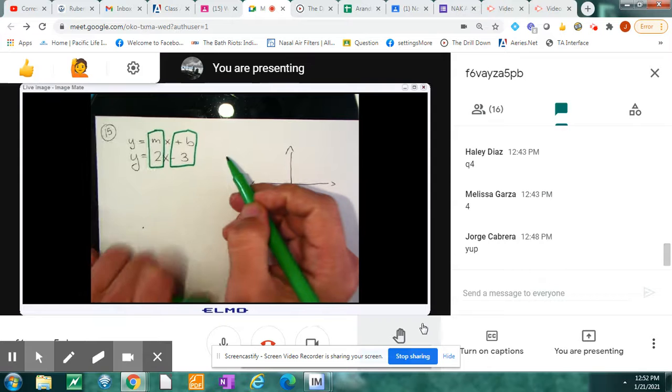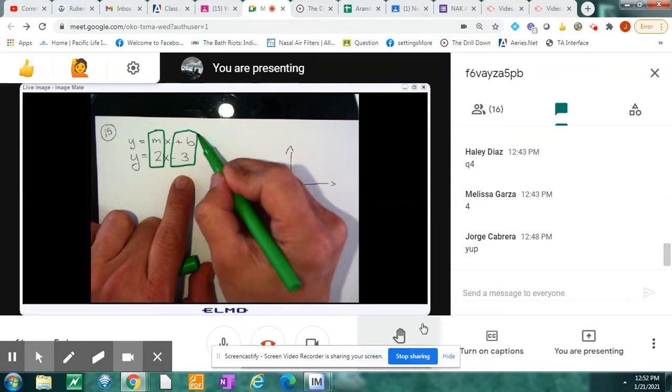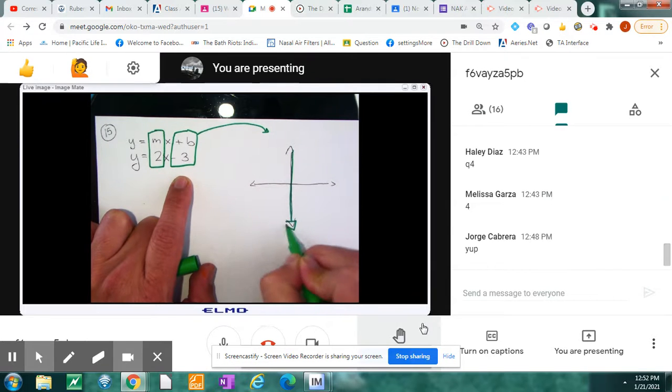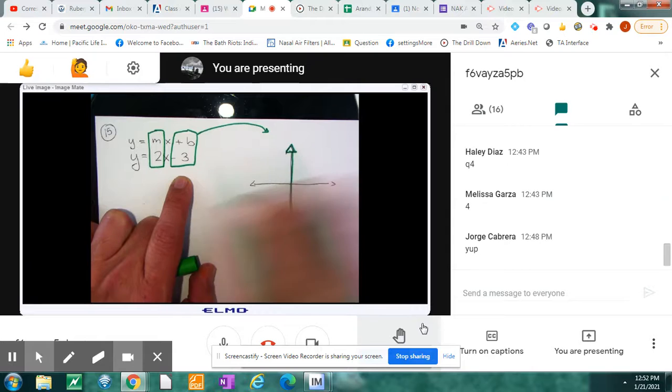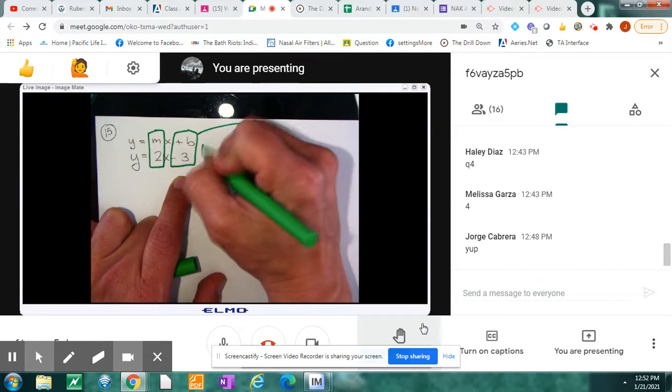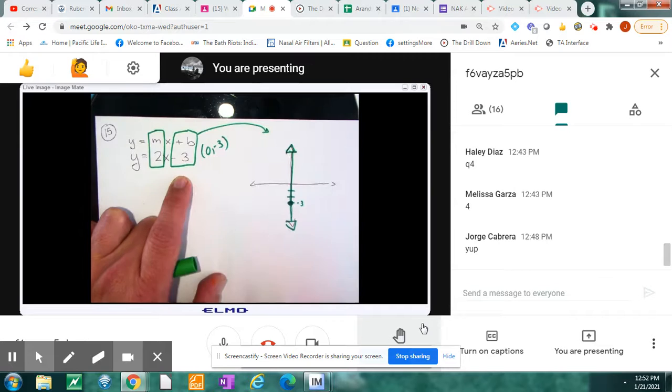Okay. And remember, the b will be on the y right here. So you got to look for -3. Okay. So -3 is 1, 2, 3 right there, -3. And you put a dot, and then it's 0, comma, -3. That's the point.